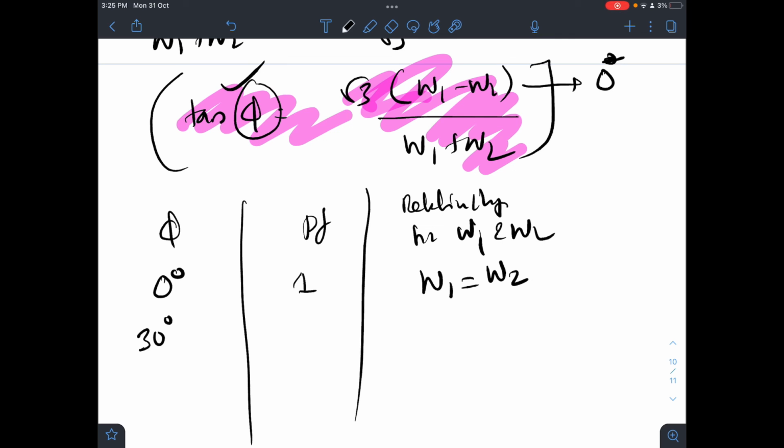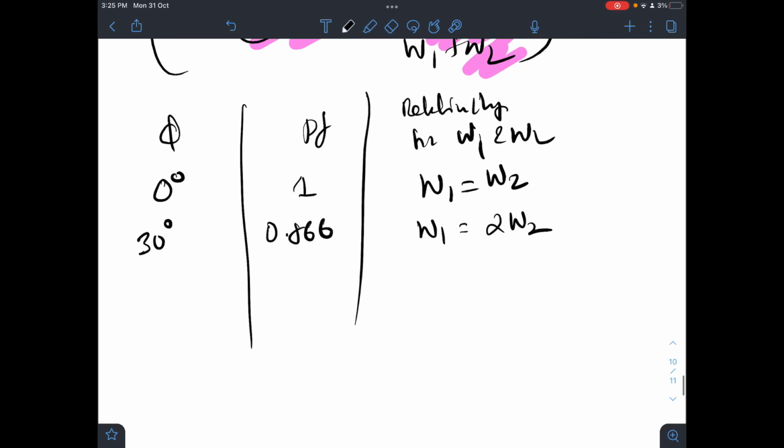Let us say the phase difference is 30 degree. It means that the power factor will be 0.866. In that case, whenever it is 30 degree, you will find that W1 will be equal to 2 W2. One will be double the other one. Now, whenever it is 60 degree, power factor, as you are aware, it will be 0.5.